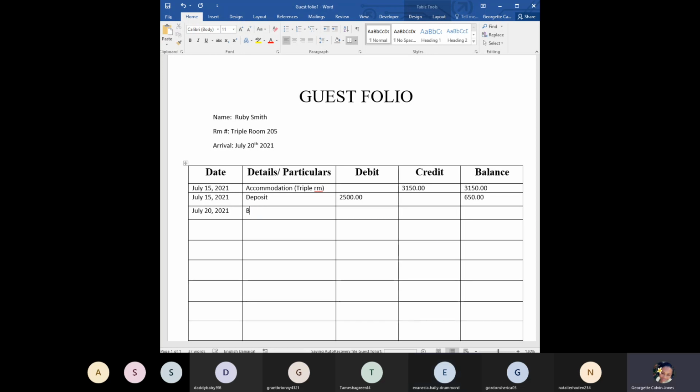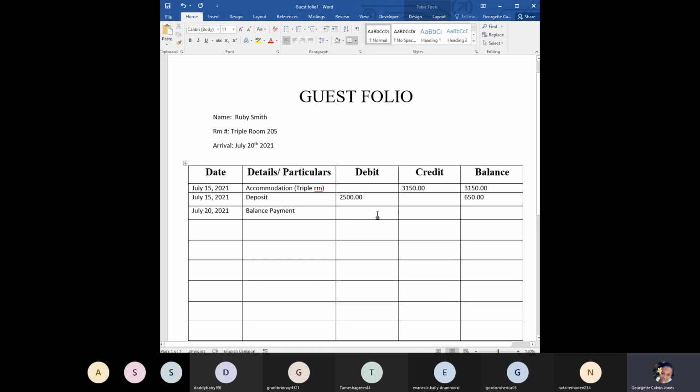But if you read the above information, then you'd know when she's going to pay. Because it says she made an initial deposit of $2,500 when she booked, right? And will settle her account upon arrival. So when is arrival? Oh, the 20th. Right. So that's when she paid her balance.